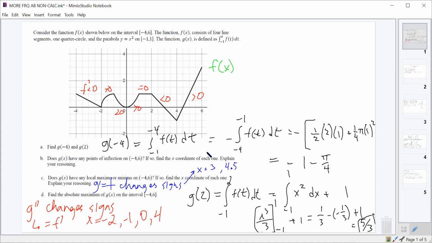And we would say that at x equals 3, since the derivative of g, F, went from positive to negative, the function itself went from increasing to decreasing. So x equals 3 is a max, and x equals 4.5, where the derivative goes from negative to positive, should be a min. That makes sense to everybody?